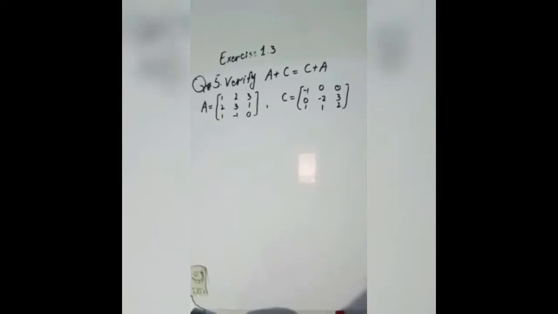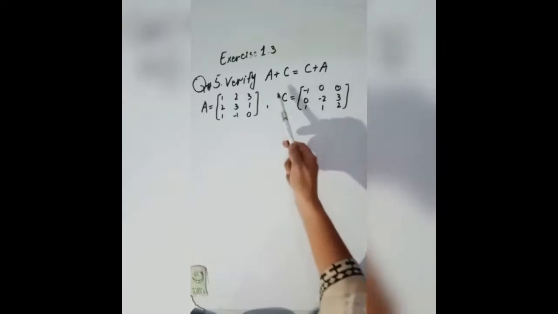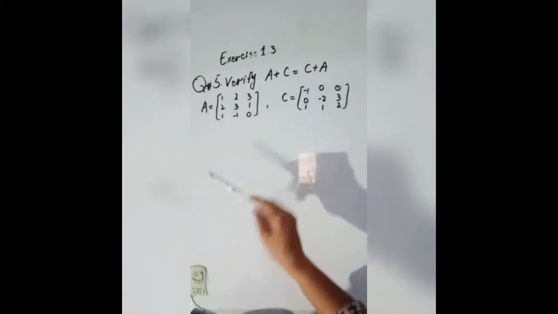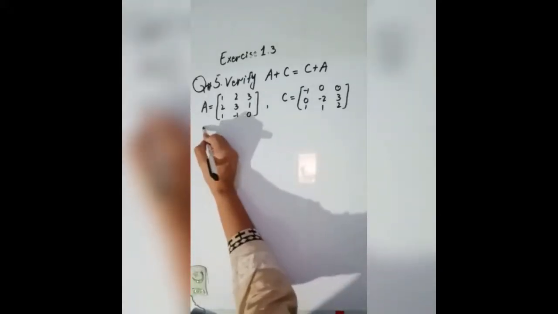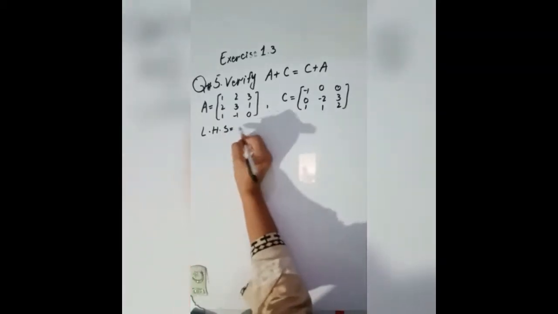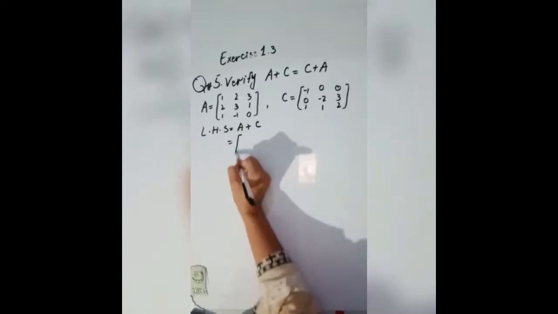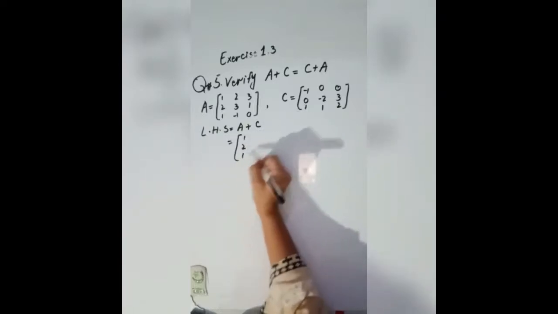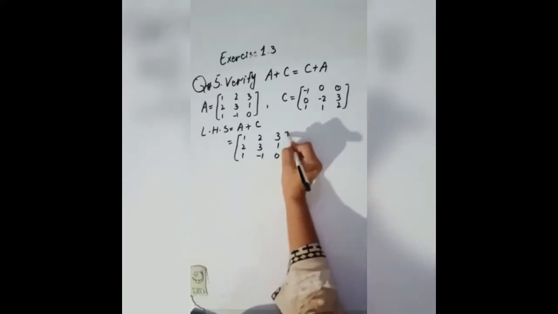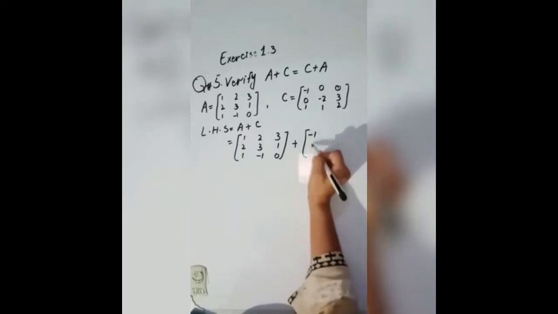Question number 5 is we have to verify the rules, like this is commutative law. We have to show that A + C is equal to C + A for these two matrices. For this, first we take left hand side, A + C. We have to write A matrix plus we have to write C matrix.